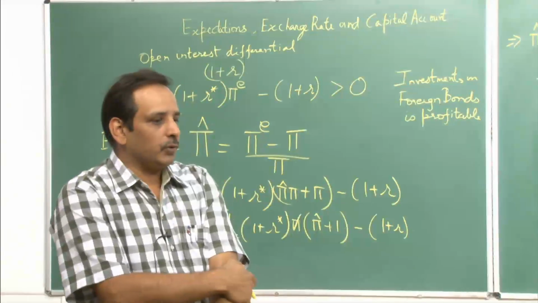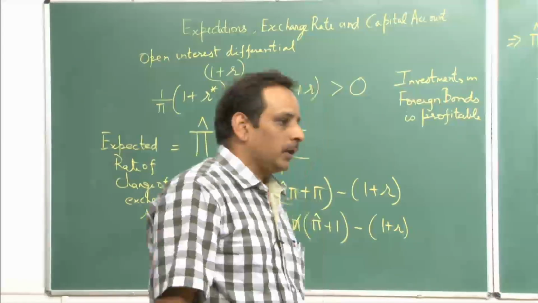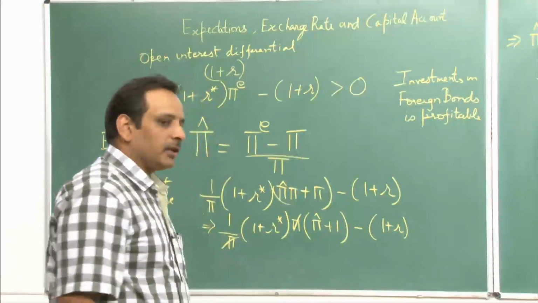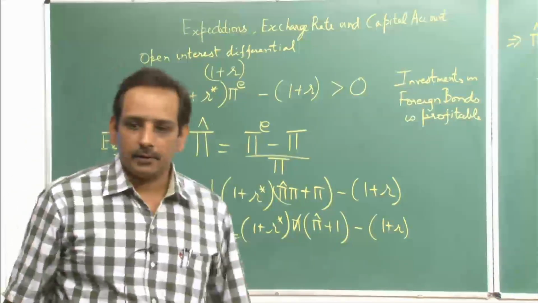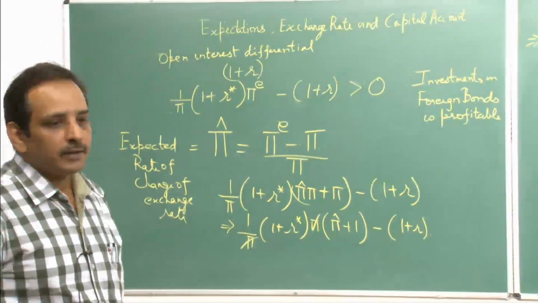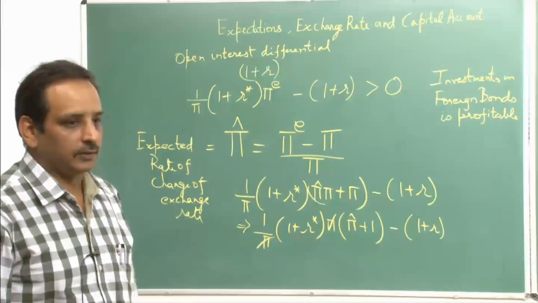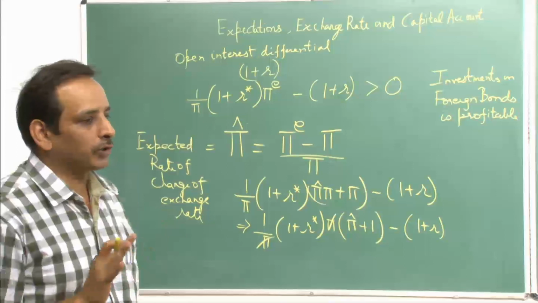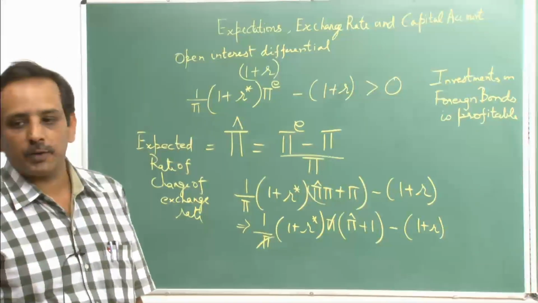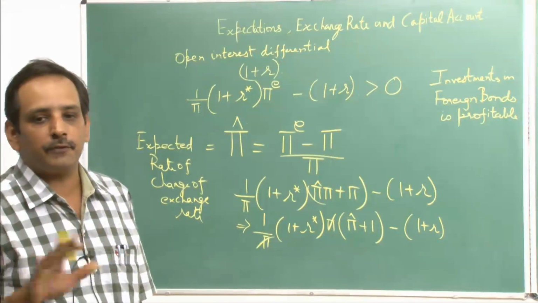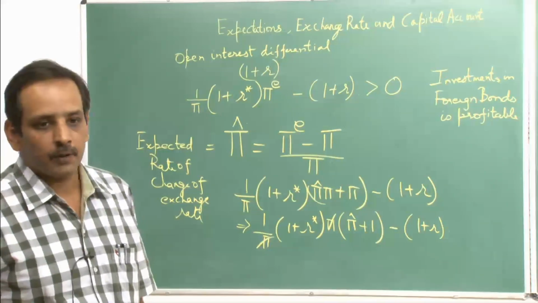Now, further you assume that each investor or speculator is either risk neutral or risk averse. If he is risk neutral, then he considers domestic and foreign bonds as perfectly substitutable.